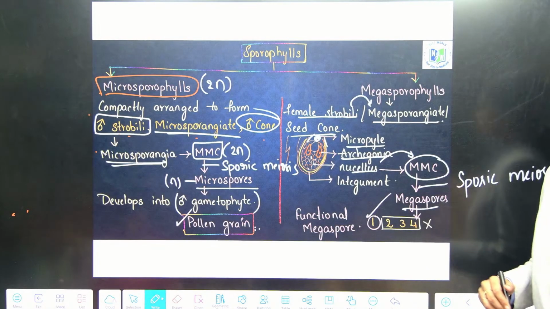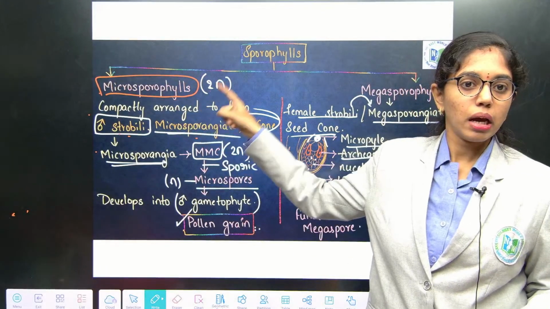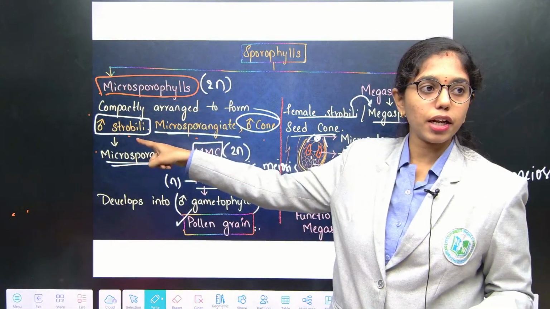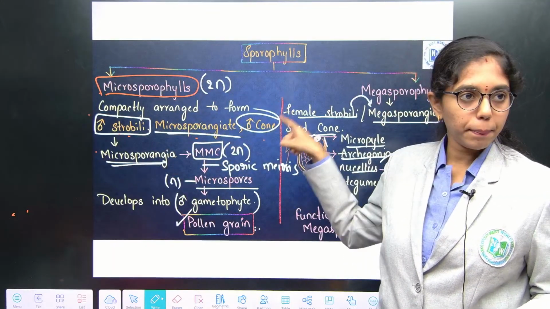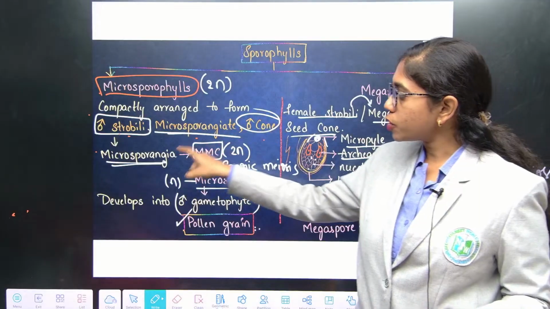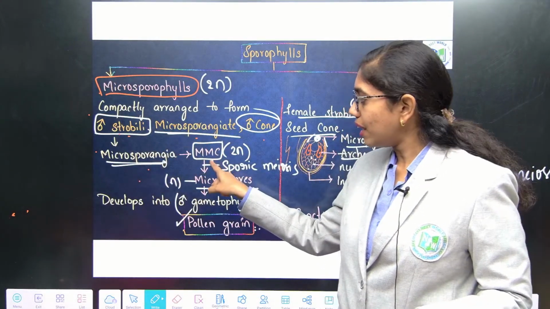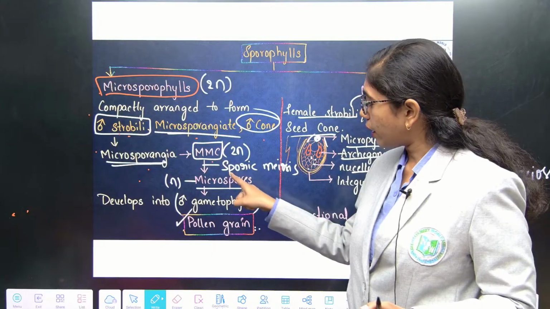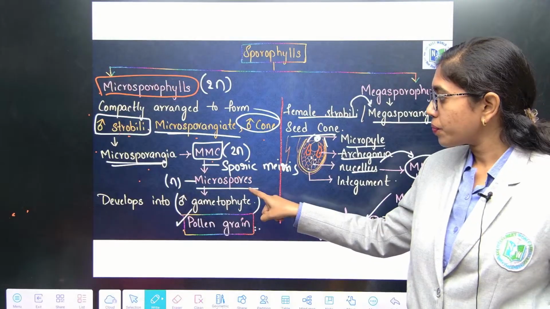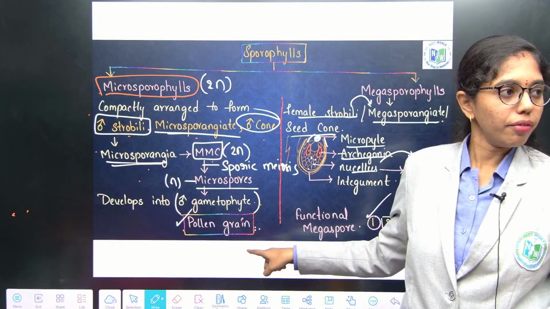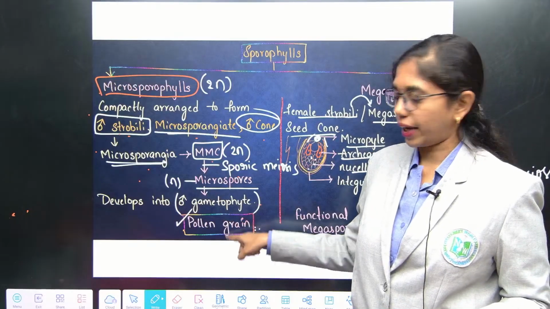Once again, for your understanding, I will repeat. Microsporophylls are compactly arranged into male strobili, microsporangiate, male cone. All the cells present inside are known as microsporangia. One cell, the microspore mother cell, undergoes sporic meiosis and forms haploid microspores. They develop into haploid pollen grains, the male gametophyte.